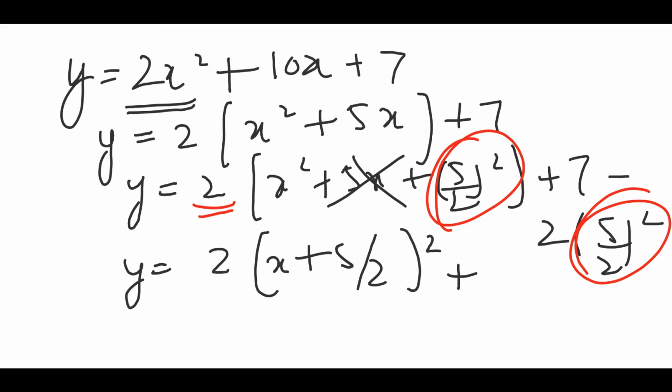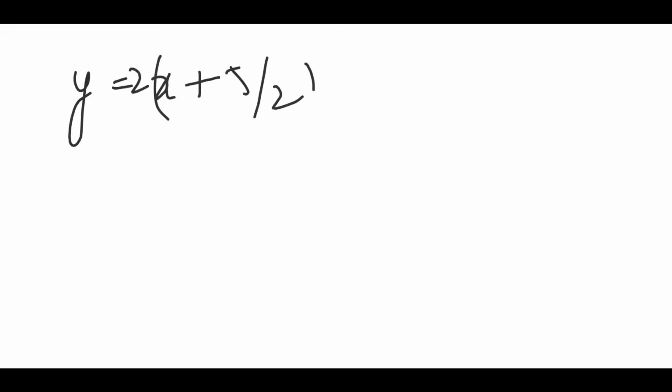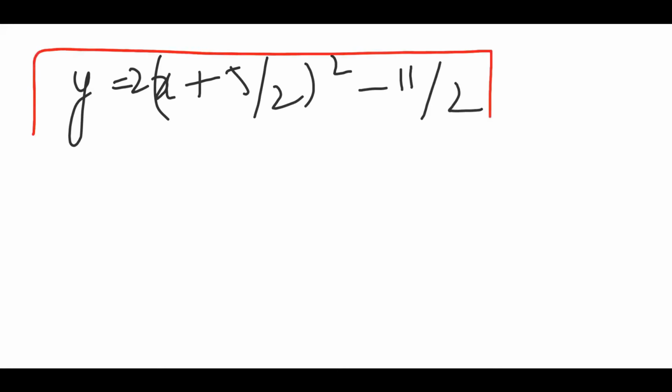And then we simplify this and we get plus 7 minus 25 by 2. So the final equation now becomes y is equal to 2(x plus 5 by 2) whole squared minus 11 by 2. This is now in the completed square form.